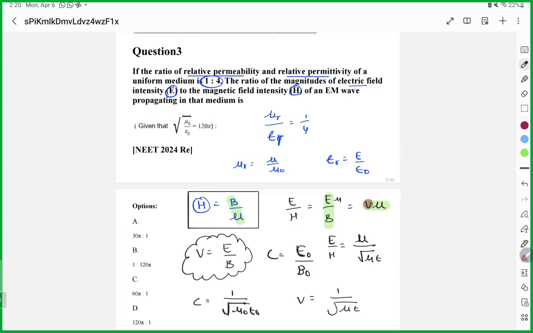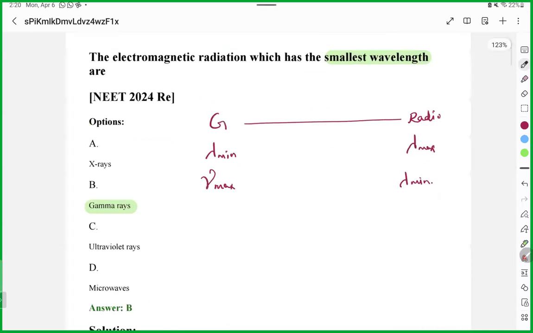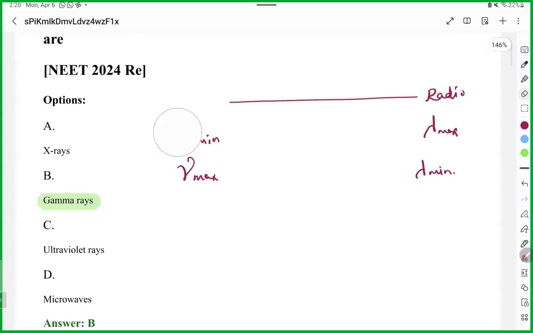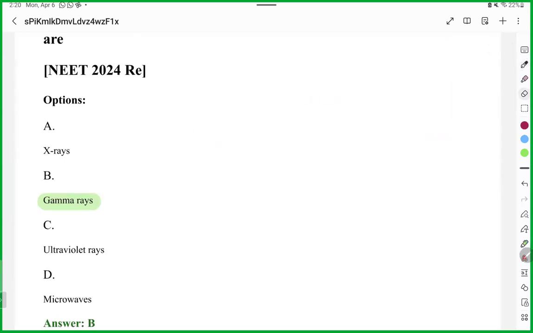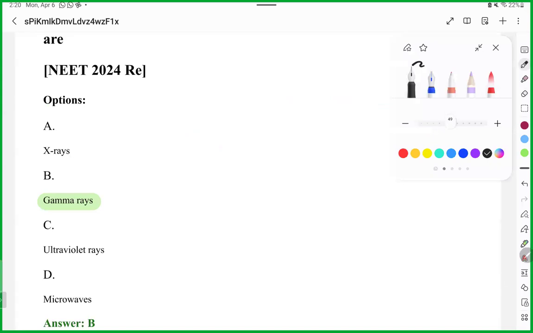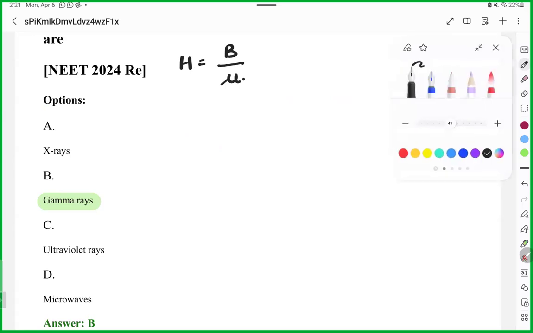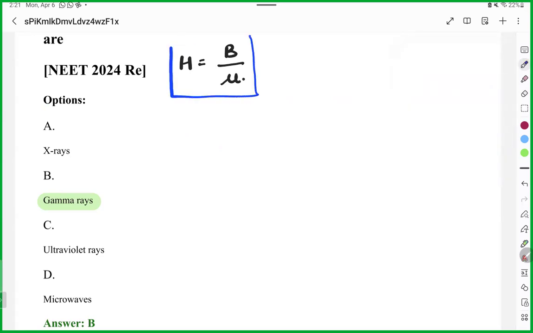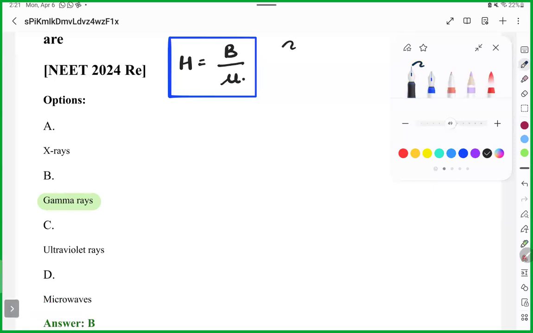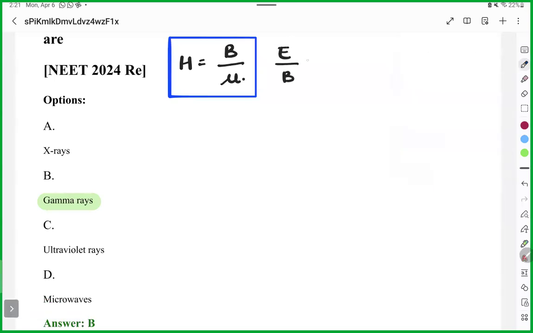So please explain it. So first thing, we know that magnetic field intensity is equal to magnetic field by nu, depending upon a given medium. This is important. The question asked is to calculate the ratio of electric field by magnetic field.